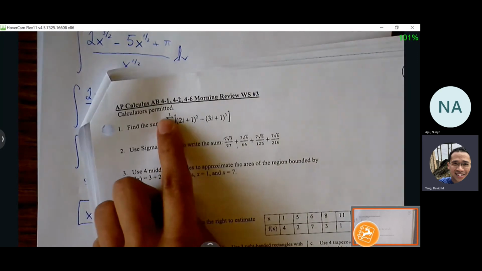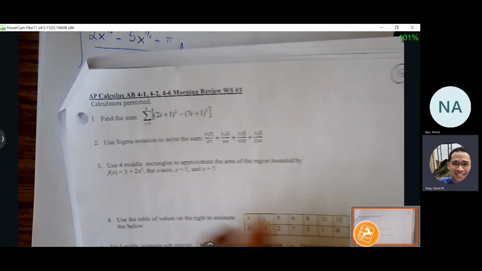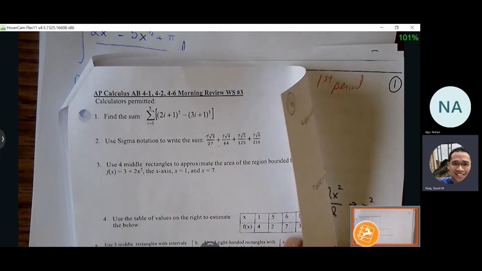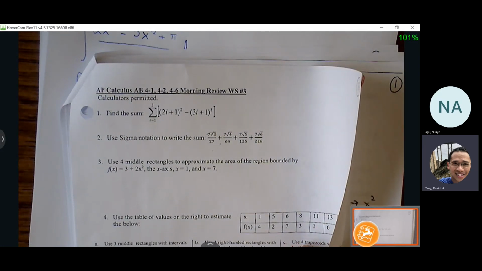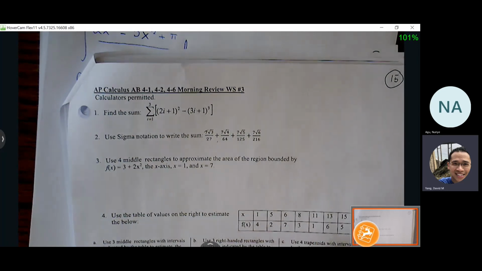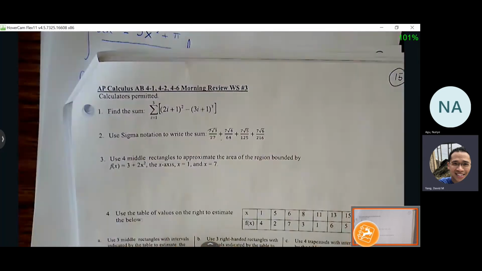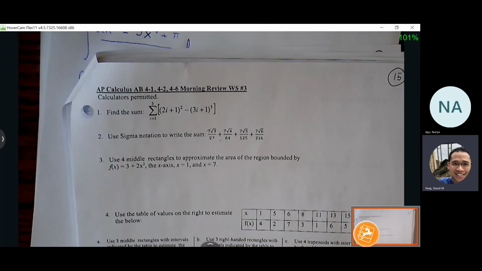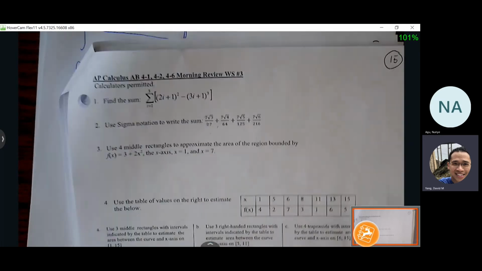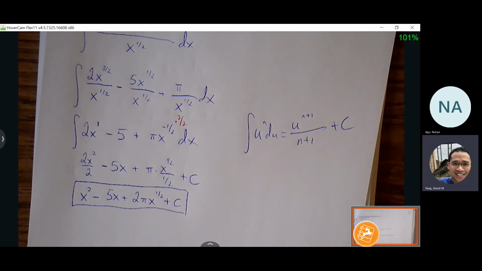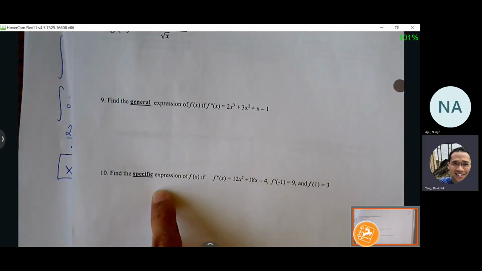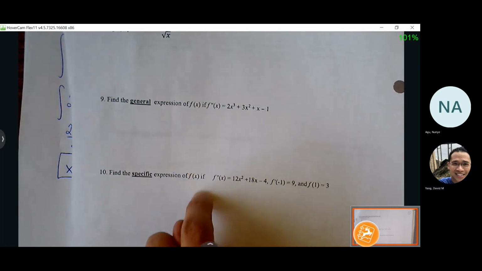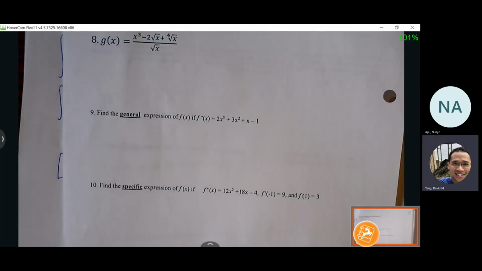Yeah, it's going to be 4.1, 4.2, and 4.6. I have a packet I gave my students, but it's on my website as well. I think I'm out of it though. But basically it's everything we did just now, power rule, and then finding general antiderivative and finding specific antiderivative. Yeah. So those are your topics.